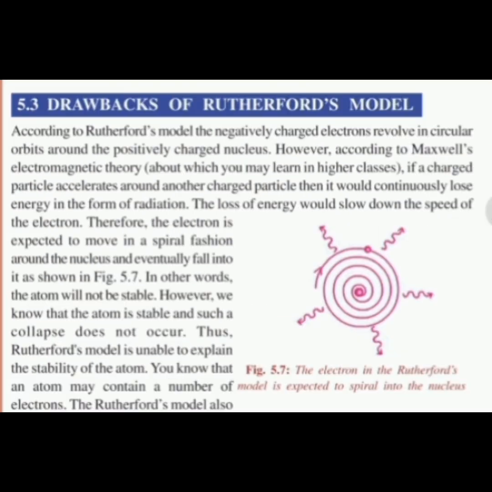Right. Though Rutherford did a lot of experiments and proposed a new model of atom, there were some drawbacks. Most of the drawbacks you can see in picture 5.7. The electrons in Rutherford's model were expected to spiral into the nucleus.